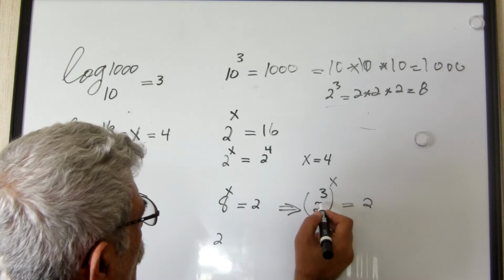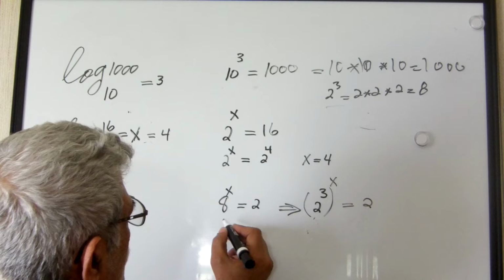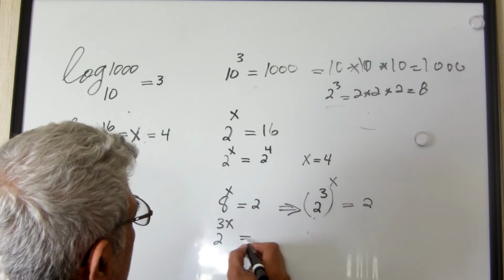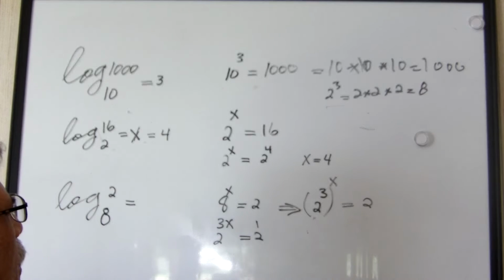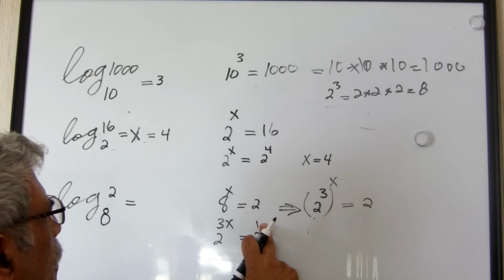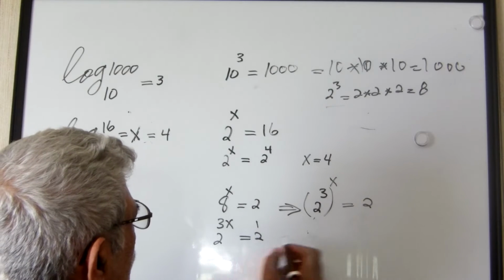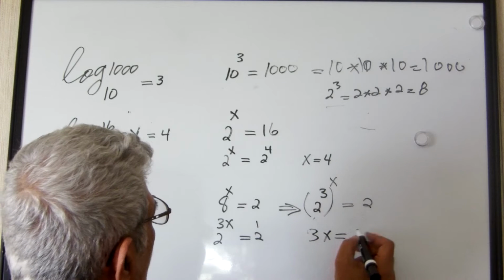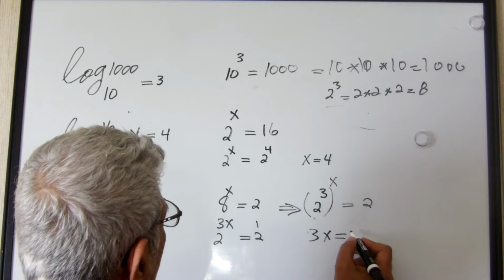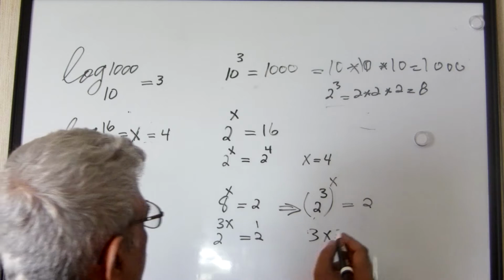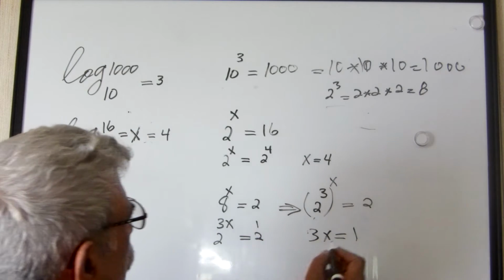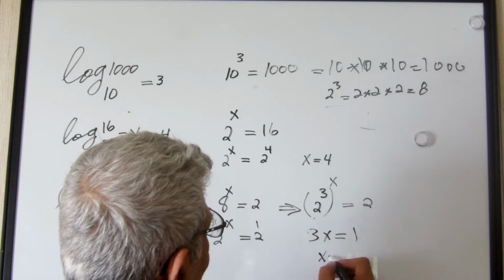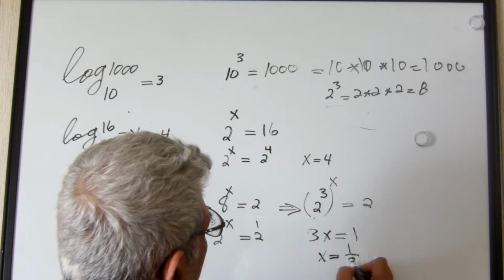It means the exponent is 3x, and it is equal to 2, whose exponent is 1. Okay, so the bases are equal, so 3x is equal to 1, and x is going to be 1 over 3.